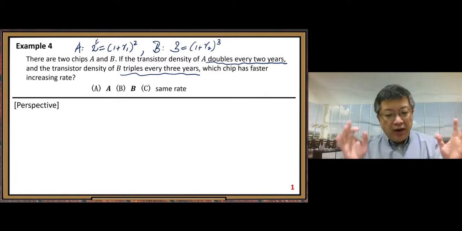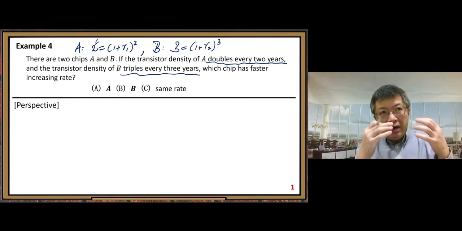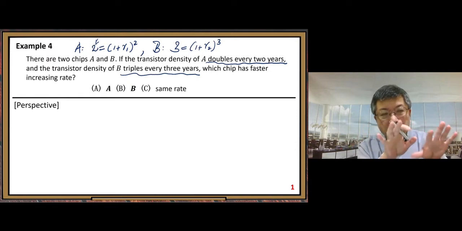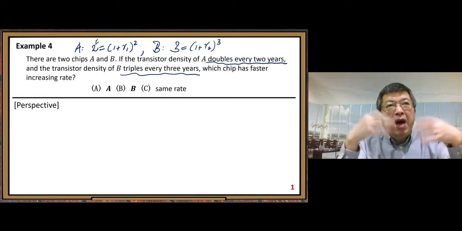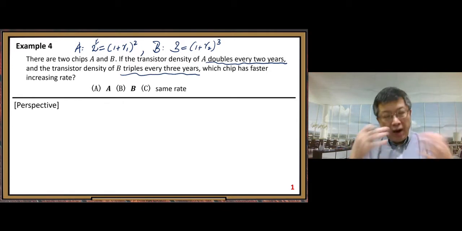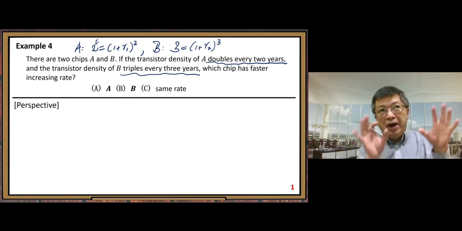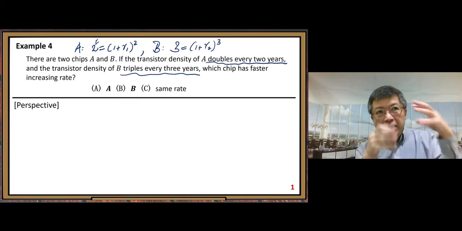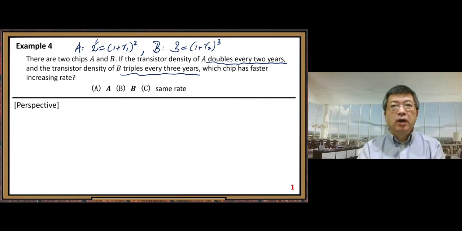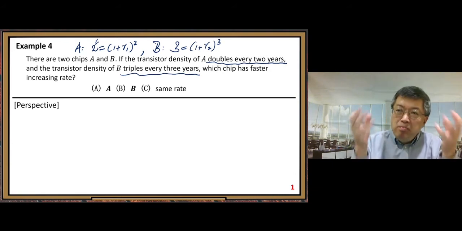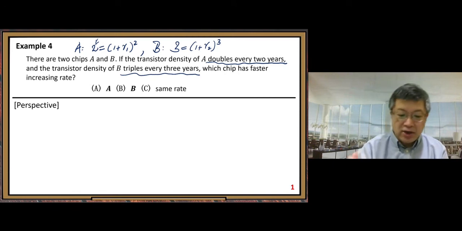But here I want to use a different method that gives a common way of thinking for comparison. When we compare two different things, we want to establish the same base comparison.